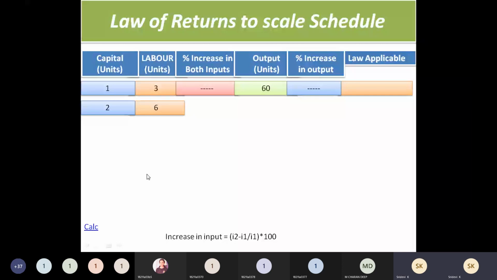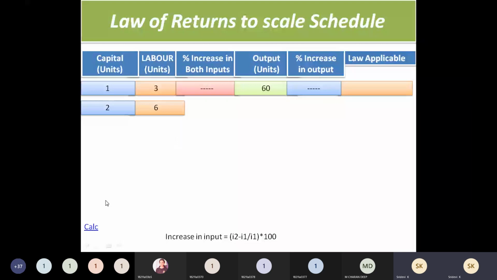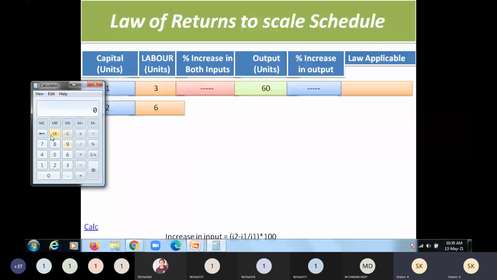Otherwise you take the calculator. Once I will show you how to calculate, and in the next changes I need not do that again and again. So for that I am taking this calculator. Now let us see the difference for the labor. 6 is there, this 6 is I2, minus I1 which is 3.